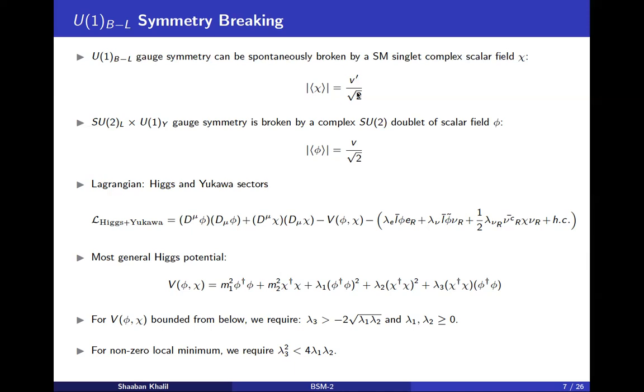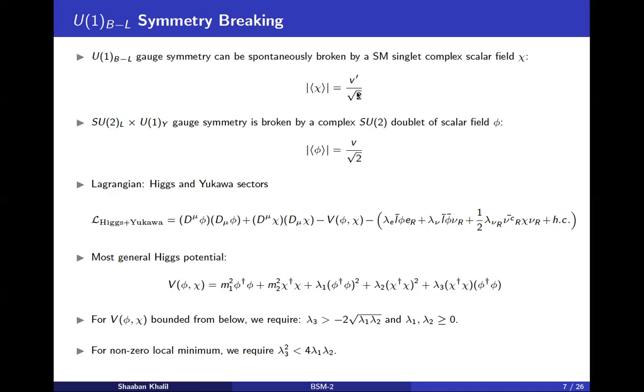You need to check because when we have 2 fields, you need to make this minimization, and there is some matrix, it's called the Hessian. It should be positive, and this will give you a condition, because when you diagonalize, you will have lambda 3 in the off diagonal and lambda 1, lambda 2 on the diagonal.